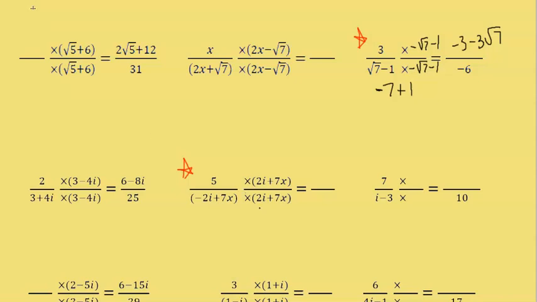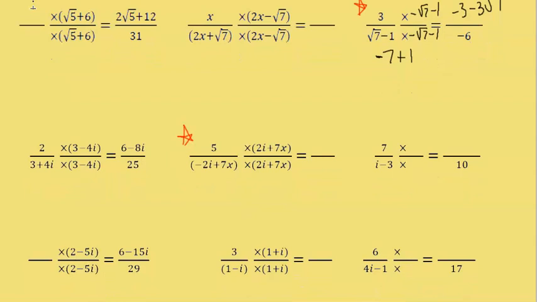Let's look at this one. 5 all over negative 2i plus 7x. The complex conjugate would be 2i plus 7x, multiplied by the unity fraction.